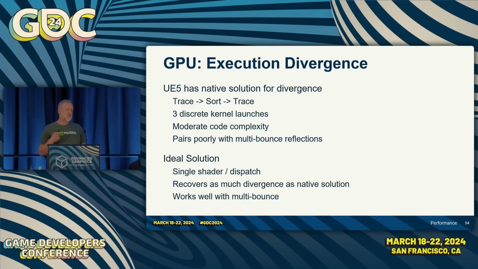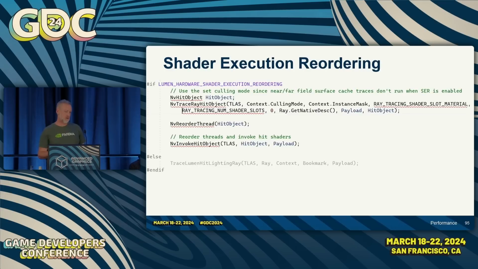But an ideal solution would be single shader, single dispatch, recover every bit as much divergence as we were getting in this trace sort trace mechanism, but we're going to make it work with multi-bounce as well. So I give you shader execution reordering. Now, this is the only slide in this talk that has anything NVIDIA specific on it. This is because shader execution reordering only exists today as an NVAPI extension.